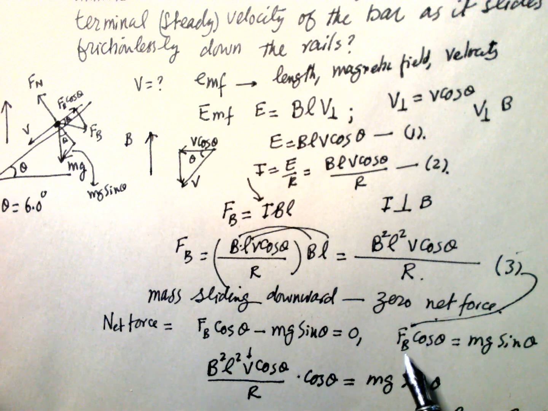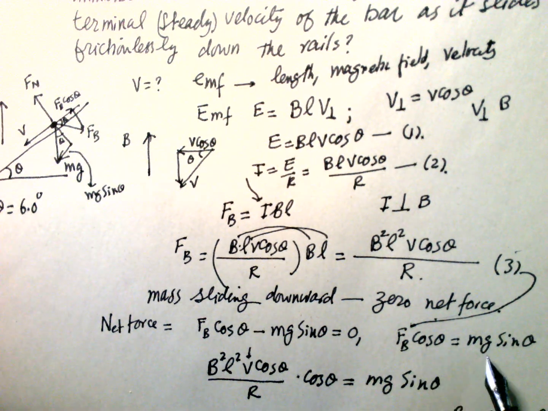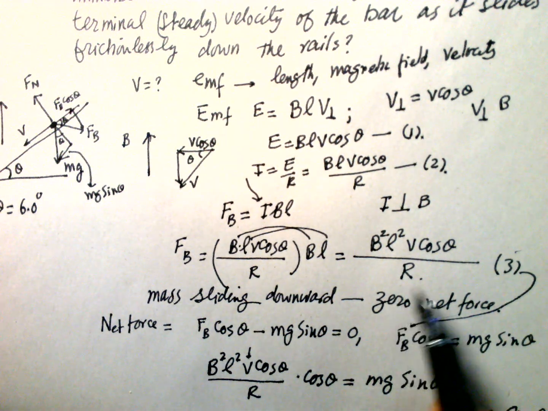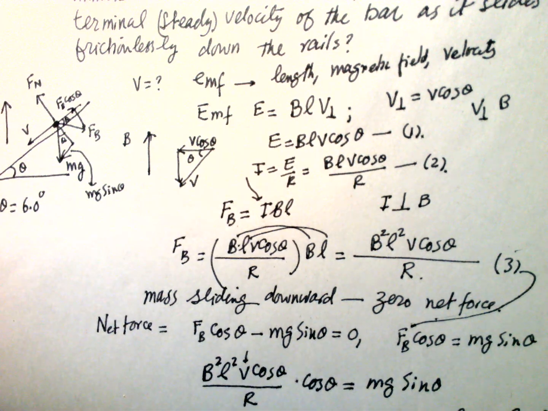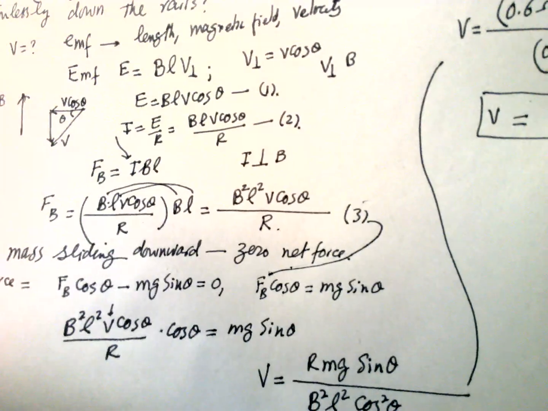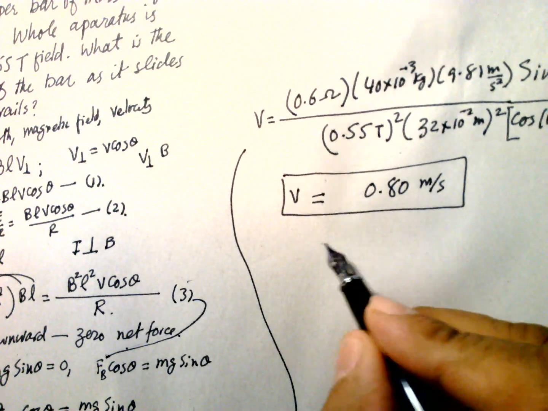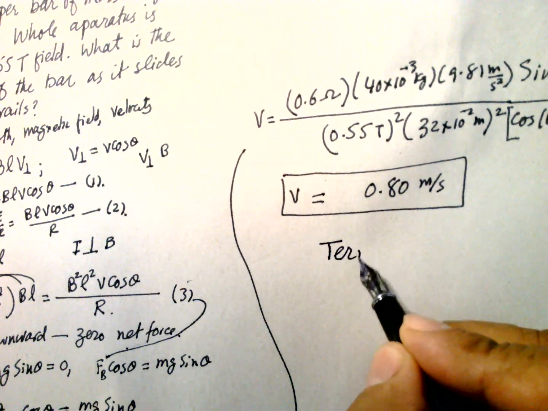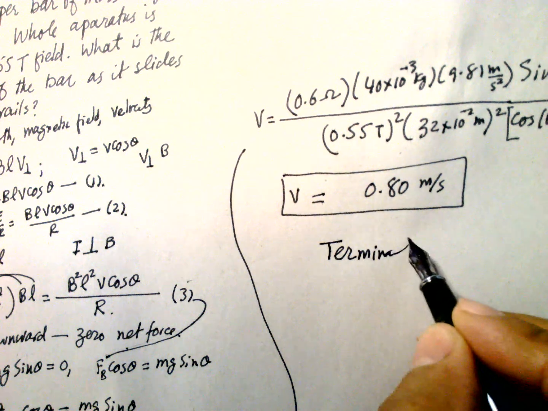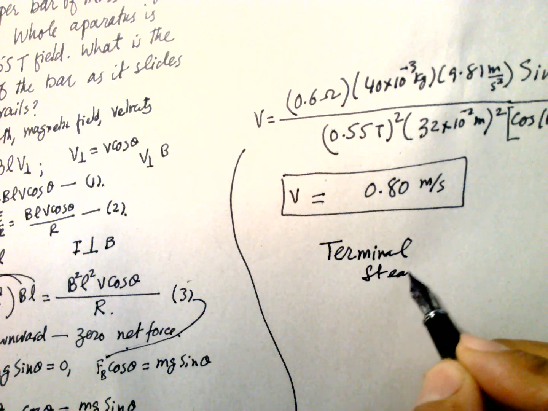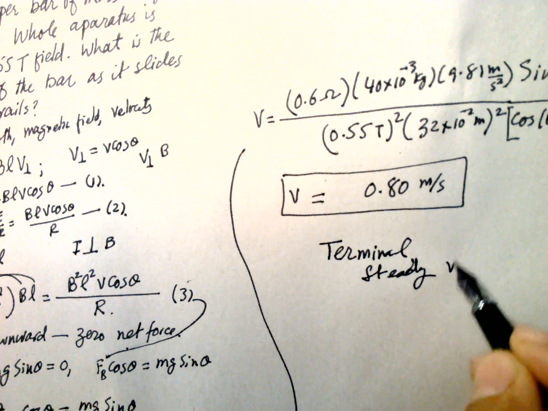Then we find FB cos theta is equal to mg sine theta, with FB from equation 3, and find the value of terminal velocity. So this is the answer, the terminal steady velocity.